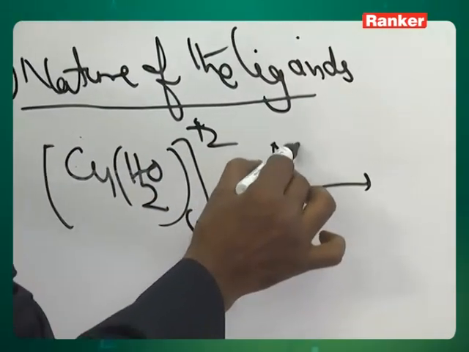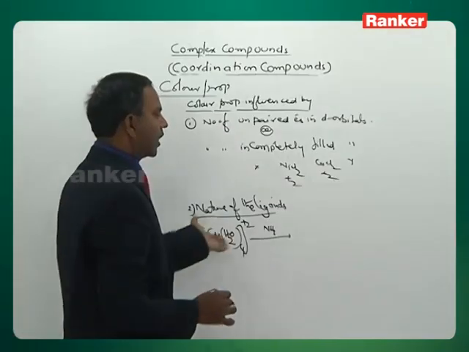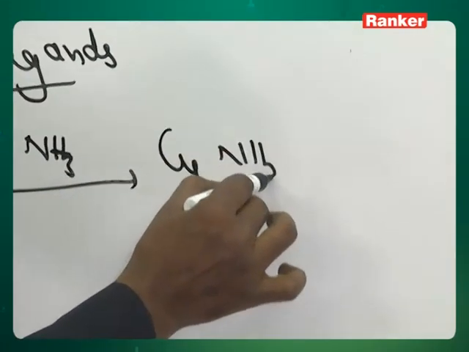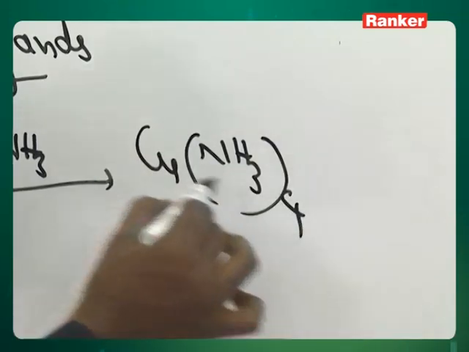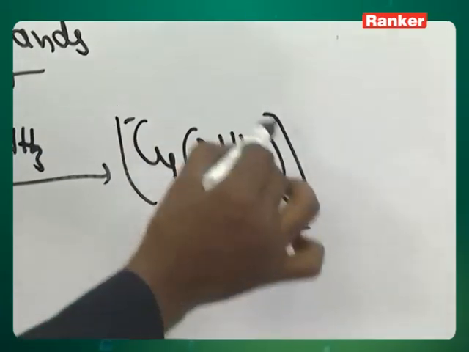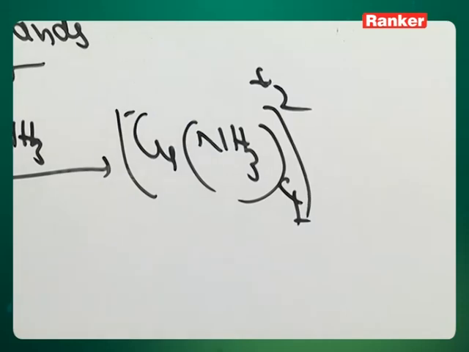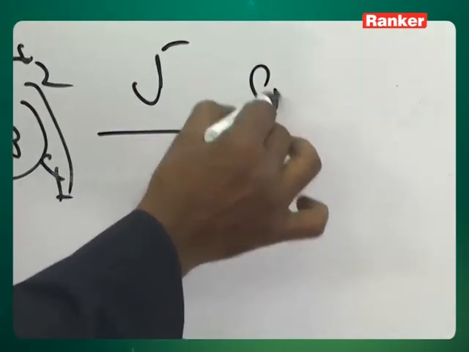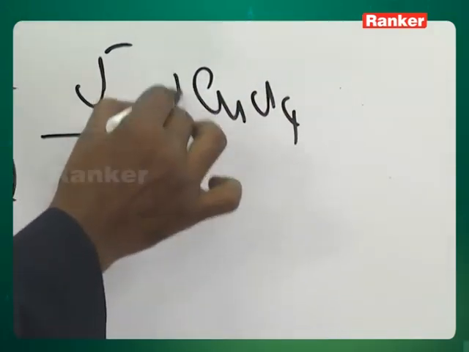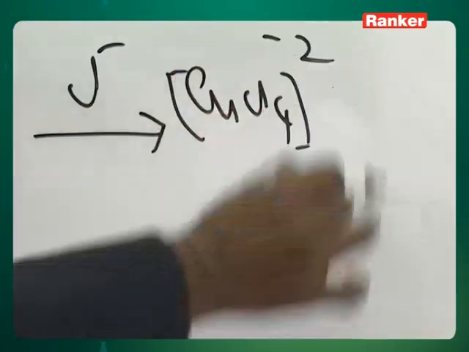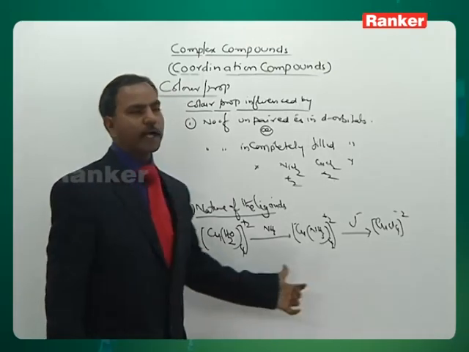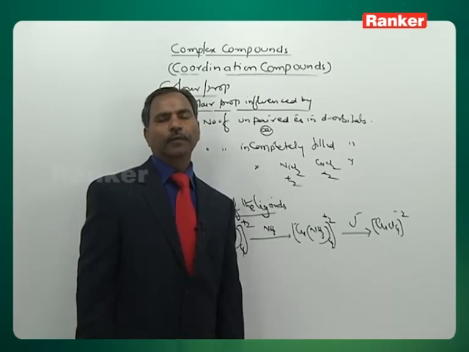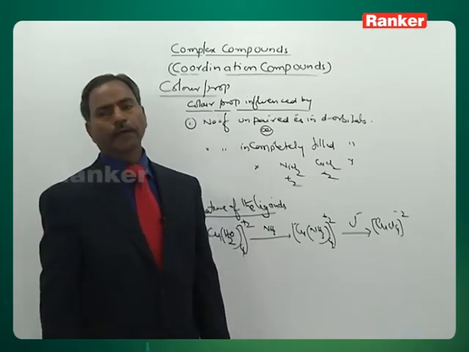In this case, the aqua ligand is substituted by amine ligand, giving [Cu(NH3)4]2+. Then the amine ligand is substituted with chloride ligand, [CuCl4]2-. One is aqua ligand, one is amine ligand, and the other is chloro ligand.